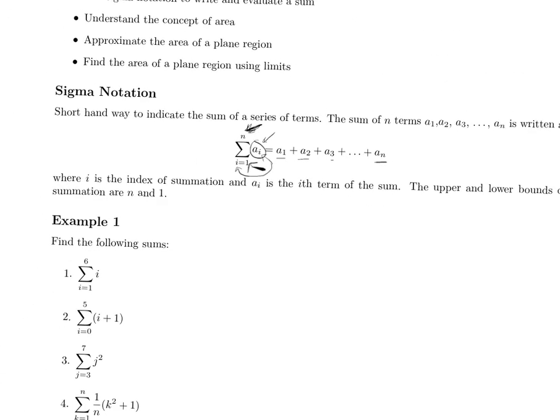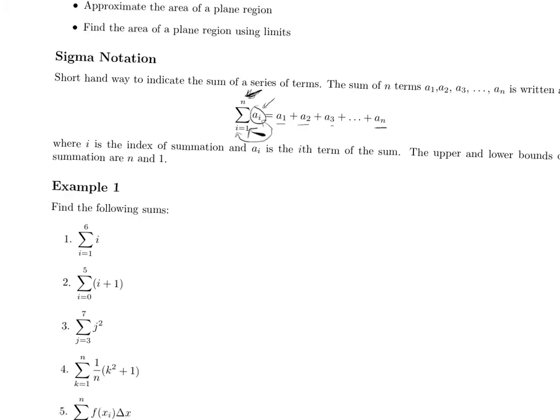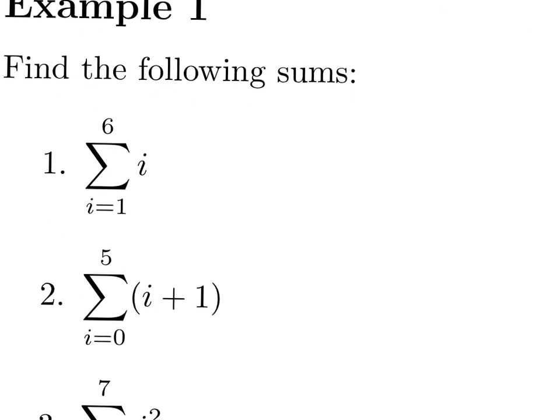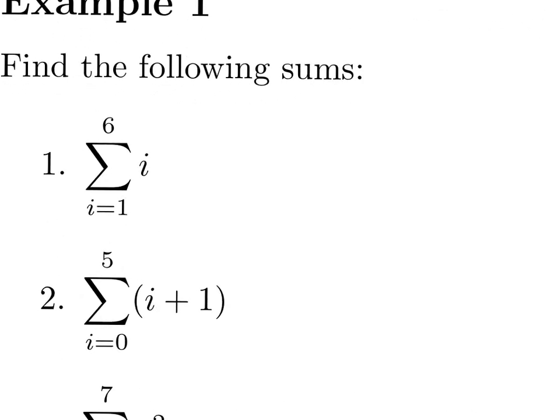So let's actually try some, and it'll make a little more sense, hopefully. Here, what is our lower bound? 1, so we're starting at 1. What is our upper bound? 6. Our index of summation is i, and we'll notice that the term out here is just i.